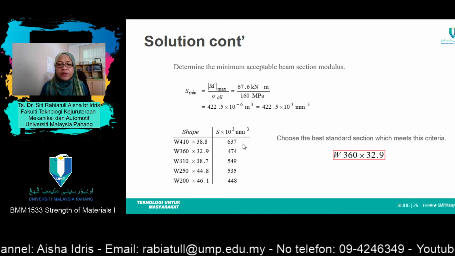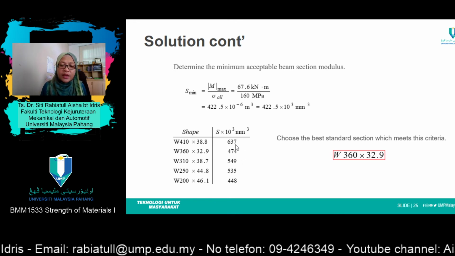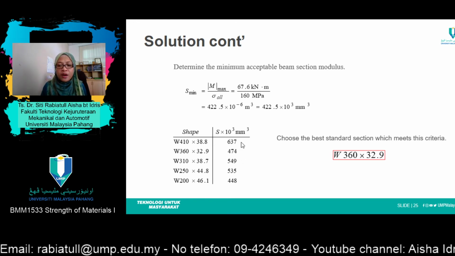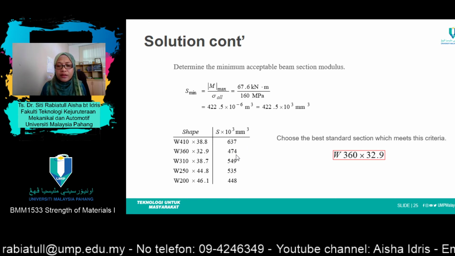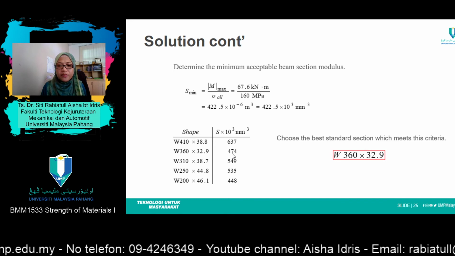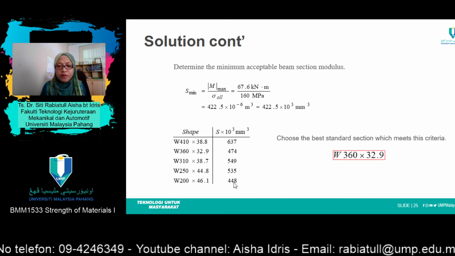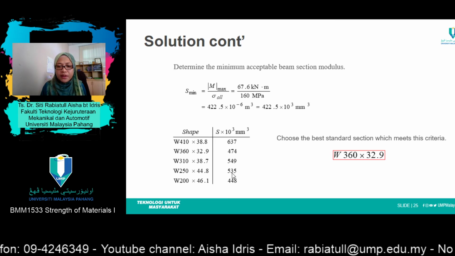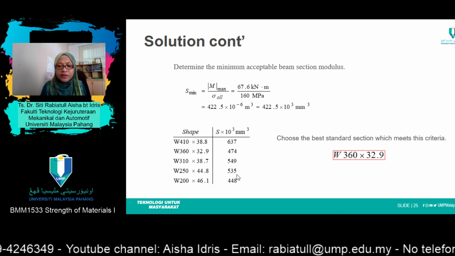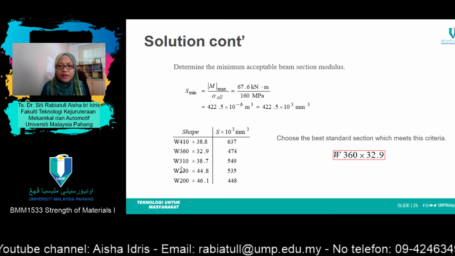For example, taking 637, I think this is too far. A shape that you might want to consider is 474. This is its shape. And then 448, this is its shape. After that, 535, this is its shape. And 549, this is its shape.